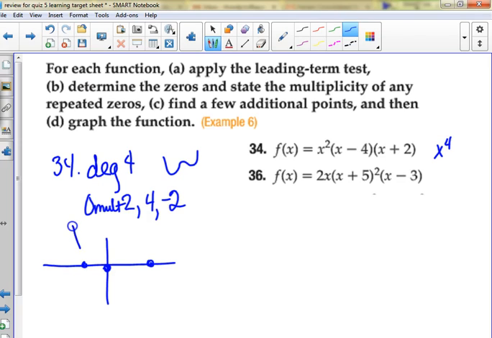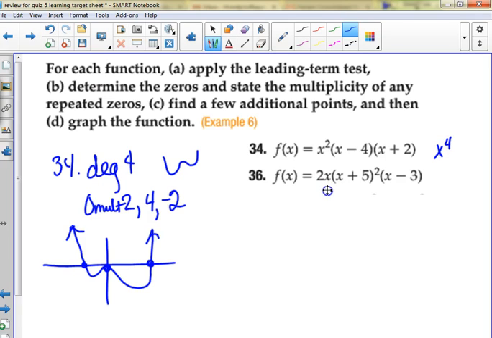Yes, multiplicity 1. At 0, it bounces. And at 4, it crosses. I don't have any idea if it's got any symmetry going on or anything else. I just drew a rough sketch. I should, from the sketch, be able to tell end behavior and what it's doing near the x-axis. That's about it. All right, 36.